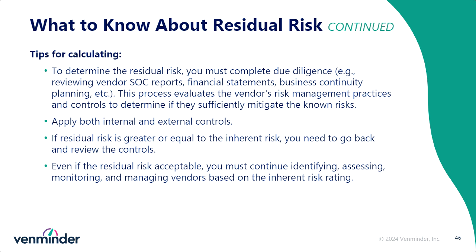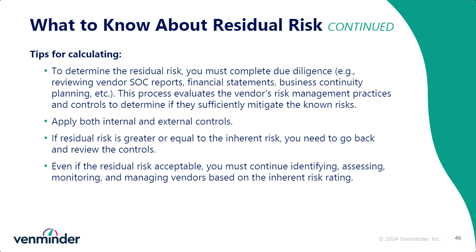And here are some helpful tips to use when calculating residual risk. First, you're going to complete due diligence, which means reviewing and validating all of that vendor information. Next, you'll apply both internal and external controls. So these are controls that your organization puts in place to manage the risk, as well as ensuring that the vendor has controls in place.